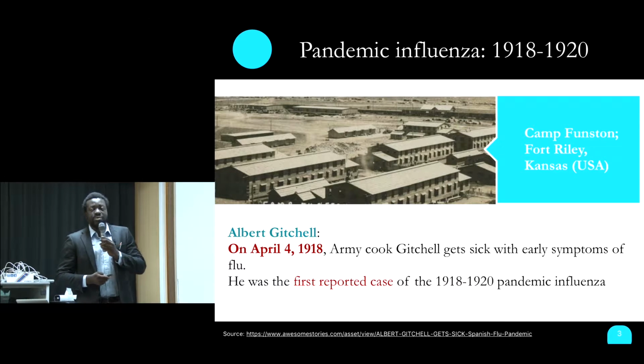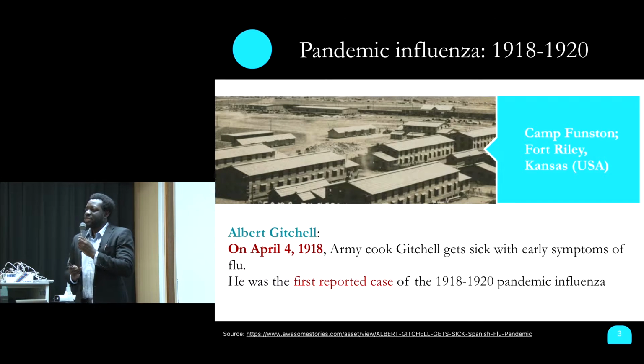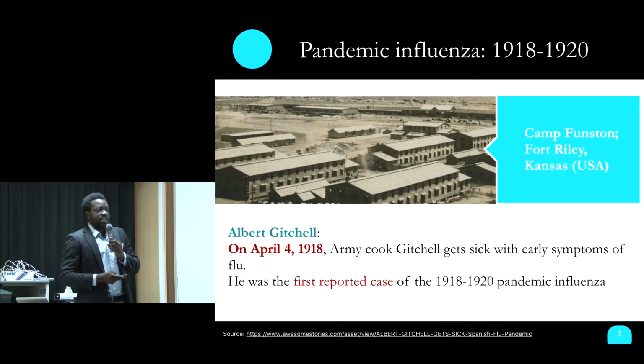1918, I'm sure many of you will remember, it's almost around the end of the First World War, in which the United States was involved. And it all started here in this camp.